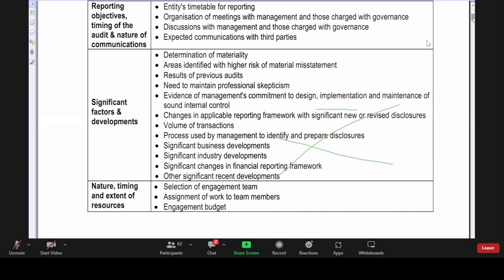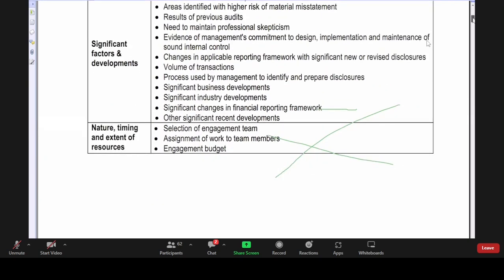So the nature, timing, and extent of resources. Here you're looking at the audit team, selection of the team that you're going to use, or what we call an engagement team. Then you assign the work to the team members based on their level of seniority, putting into consideration independence issues. How many seniors are you going to have on the audit team?